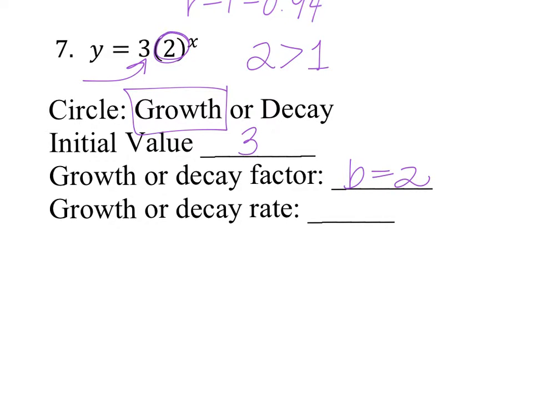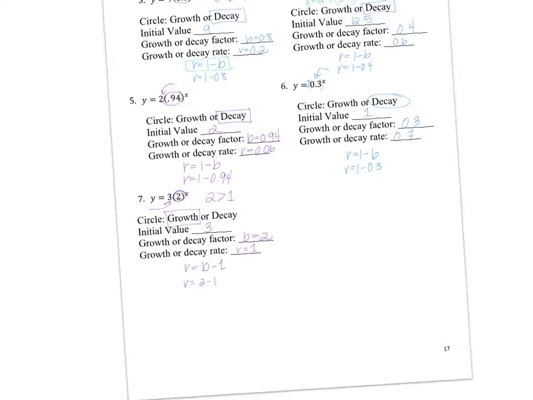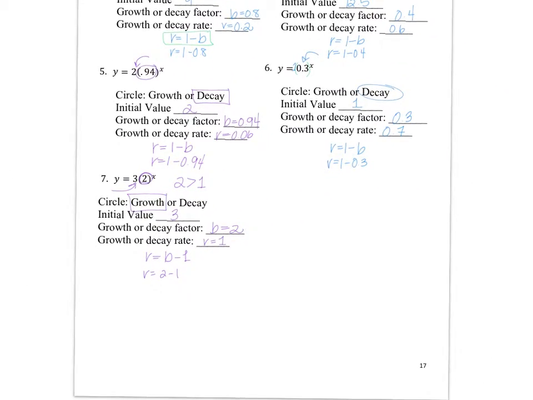And lastly, because it's growth, let's remind ourselves, it's going to be R equals B minus 1. So R equals 2 minus 1, which equals 1. All right, let's turn the page and look at some more problems.